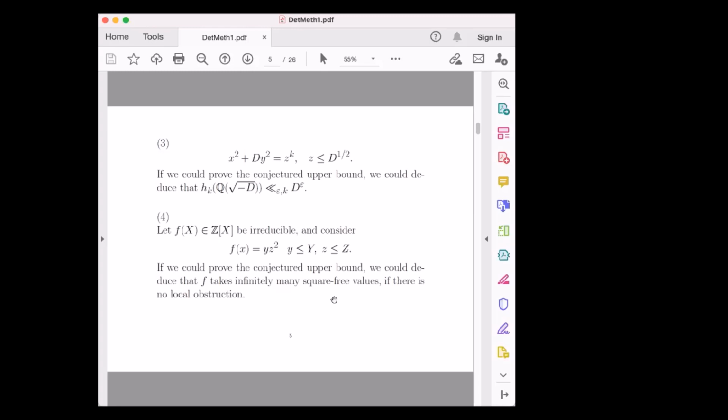So we believe that the polynomial x to the 10 plus 1, for example, takes infinitely many square-free values, but that's never been proved. And a suitable result on the counting function for this equation would allow one to establish that.